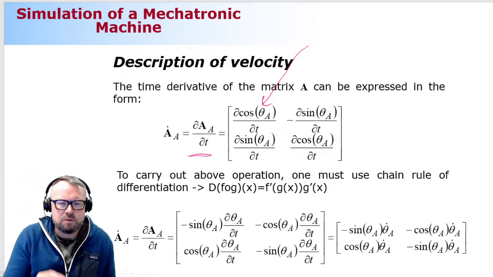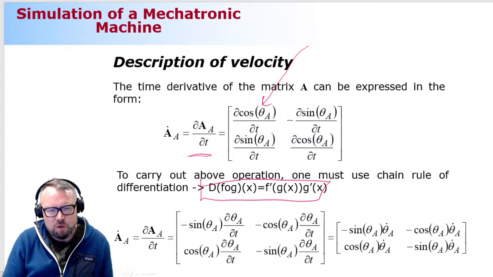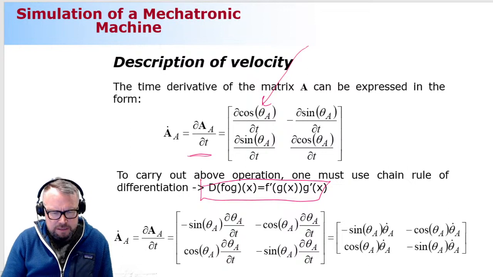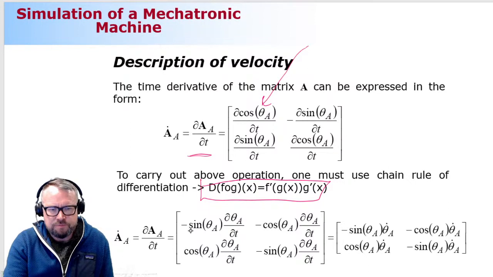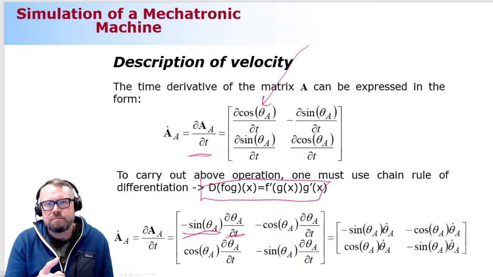Once we use the chain rule, we differentiate the trigonometric function and then whatever is inside it, which is the angle theta. When we differentiate the angle theta with respect to time, we get theta dot.